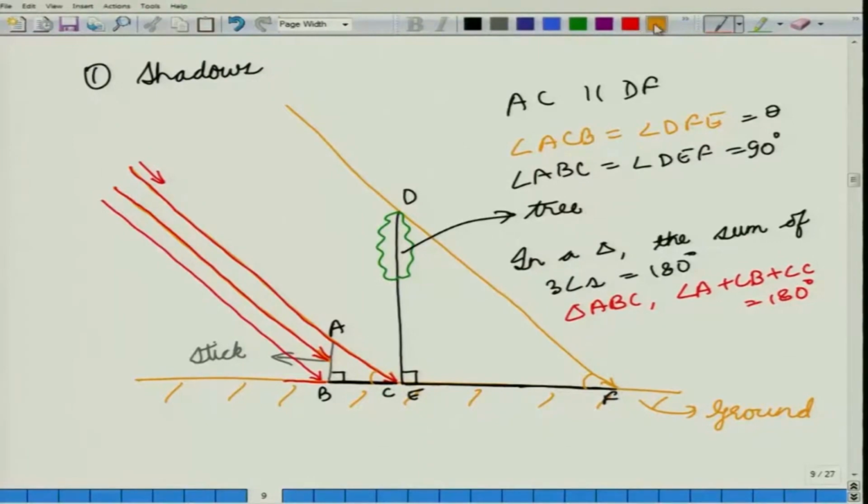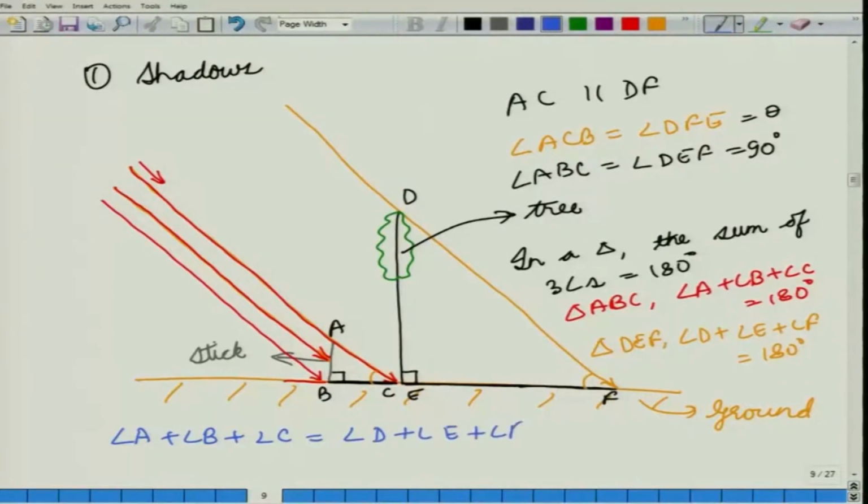Similarly, in triangle DEF, we have angle D plus angle E plus angle F is equal to 180 degrees. From both of these, we can say that angle A plus angle B plus angle C is equal to angle D plus angle E plus angle F is equal to 180 degrees.